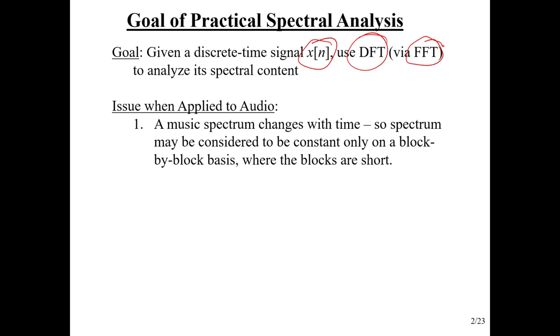So that might be the case if we're trying to use spectral analysis to maybe automatically determine what notes are being played. So that's an audio DSP application. We don't talk about it in this course, but that is one, and it's very exciting and interesting.